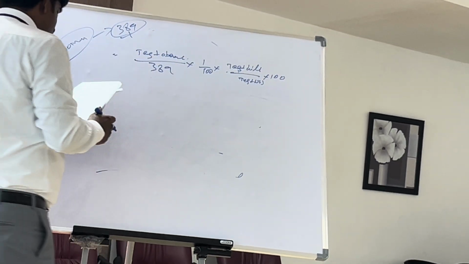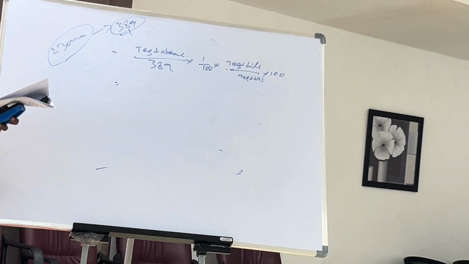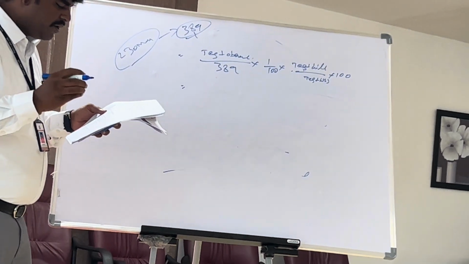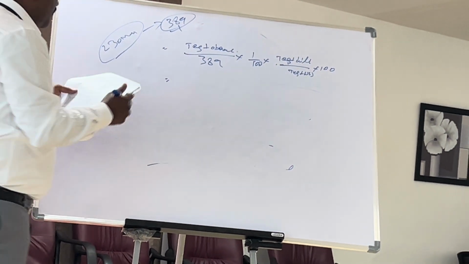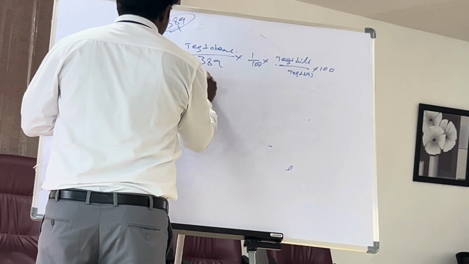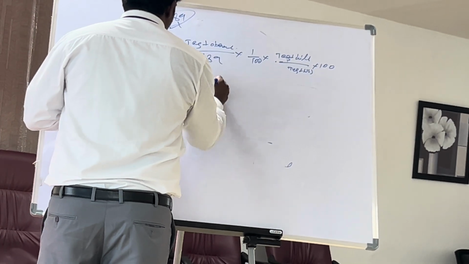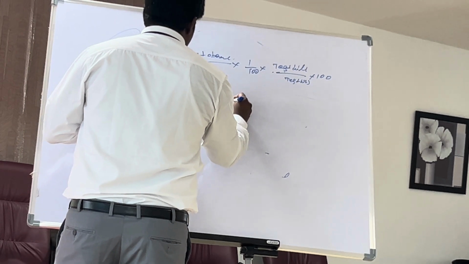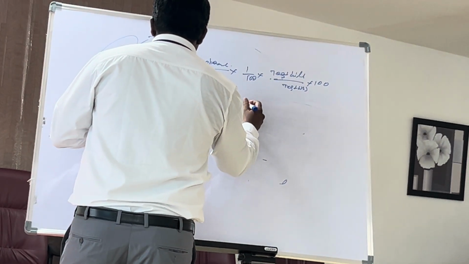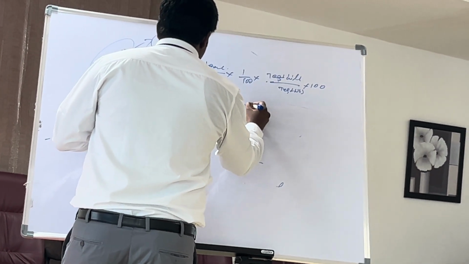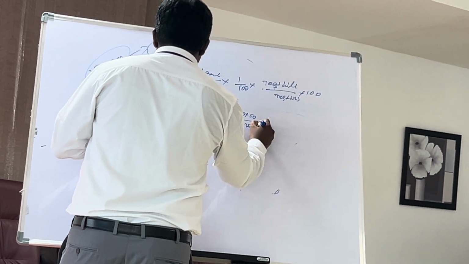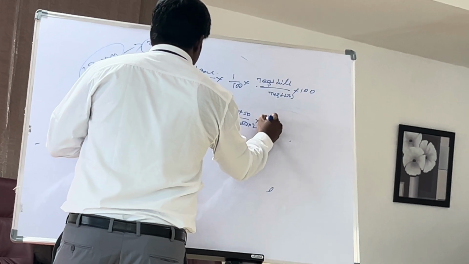So here you need to remember, for example, if you measure the sample absorbance at 389 nanometer and I get the absorbance like 0.390, then 0.390 divided by 389 into further 1 by 100 into the test dilution 100 into 50 divided by, you are taking 0.02517 into multiply with the 2 into 100.